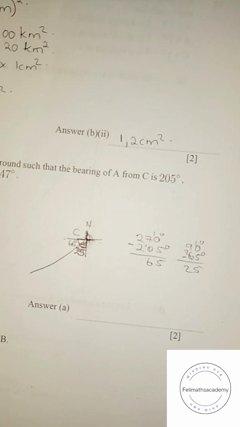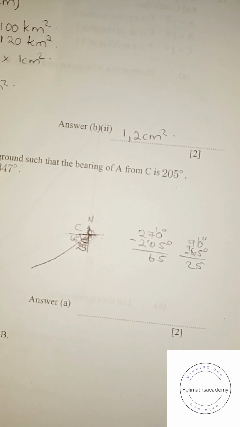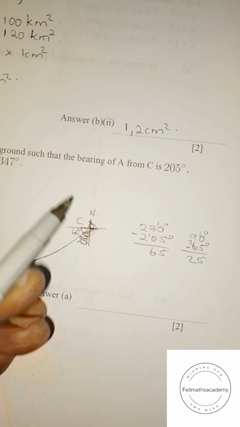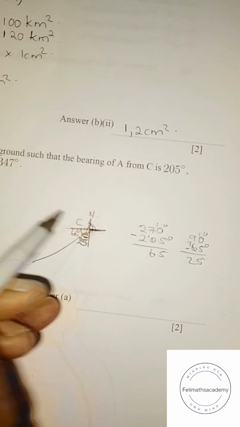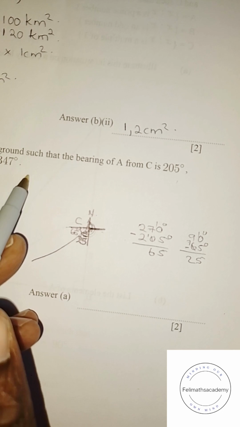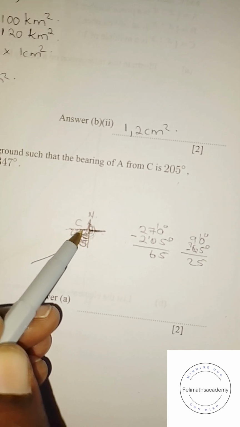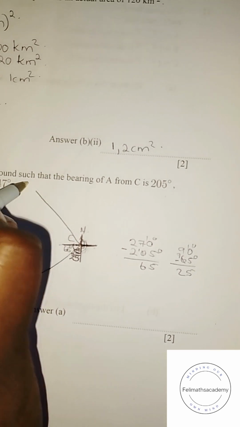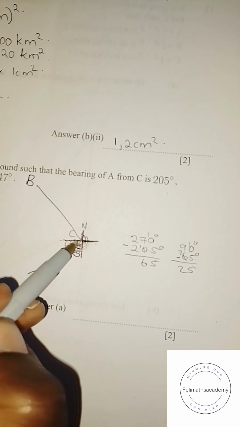Then the bearing of B from C is 347 degrees. Our starting point there is C. This is 90, 180, 270. So B is in this direction. That's where our B is.